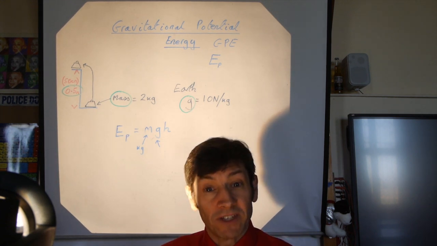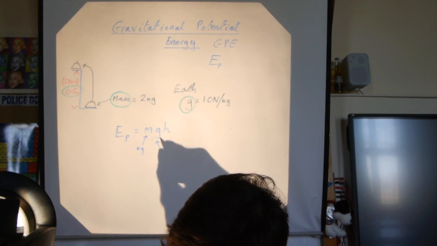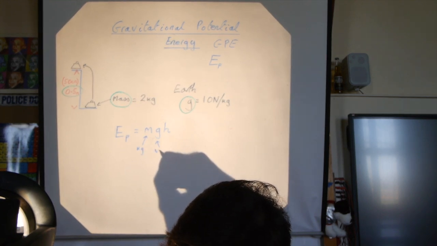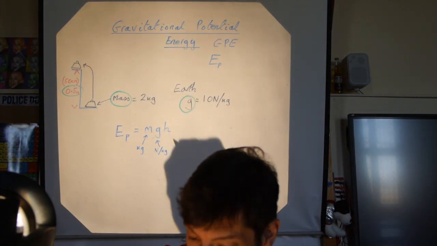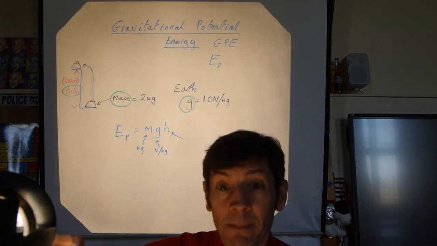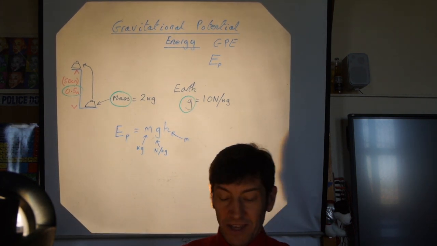It hasn't got any gravitational potential energy gained from your hand. So g is measured in newtons per kilogram, which it always will be at GCSE. And finally, the height must be measured in meters, not centimeters.